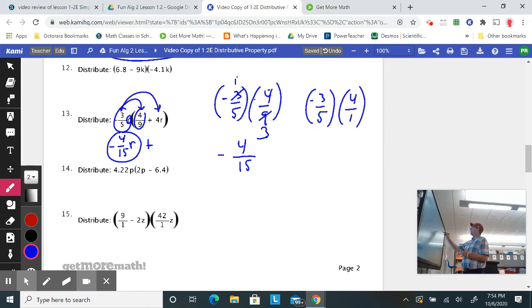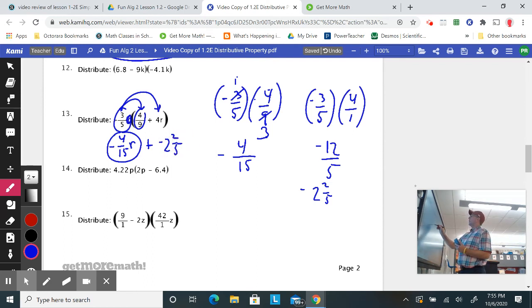You multiply the numerators together, you get -12. Multiply the denominators, you get a 5. You get -12/5. 5 goes into 12 twice. That's 10. Remainder of 2/5. So you get -2 and 2/5.